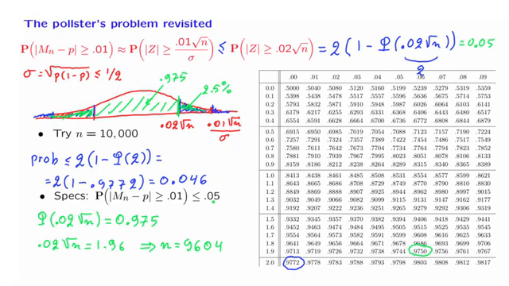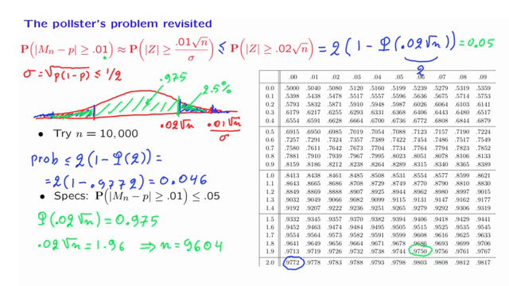So how does this relate to the real world? When you read newspapers about polls, you will never see sample sizes that are about 10,000. You will usually see sample sizes of the order of 1,000, sometimes even smaller. How can they do that? Well, they can do that because the specs that they impose are not as tight as the specs that we have here.